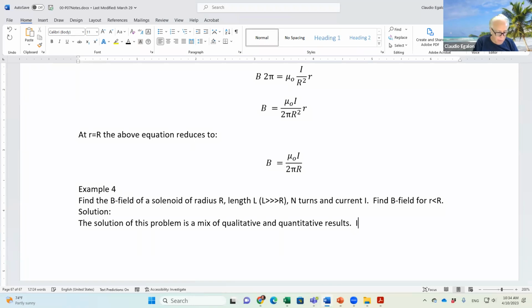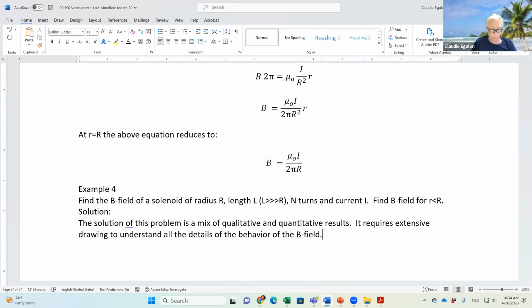It requires extensive drawings to understand all the details of the behavior of the B field. Okay. And I'm going to walk through.